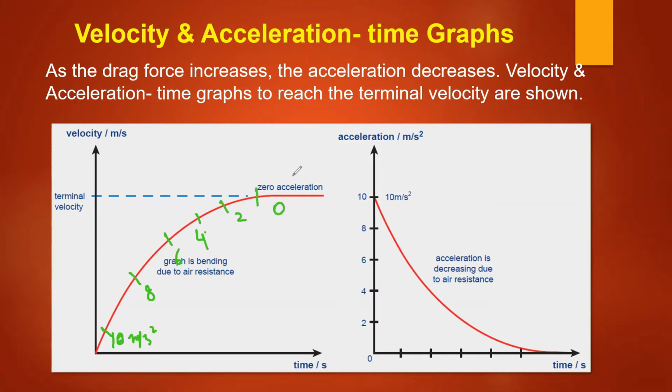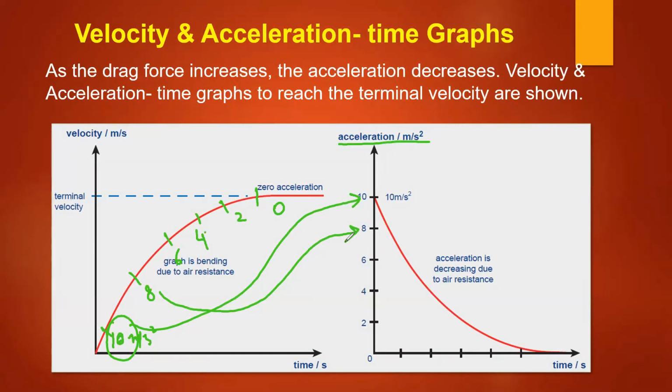Now we can see what will happen on the acceleration-time graph. The value of g in the beginning is 10. Then as air resistance starts acting on it, acceleration starts decreasing. So that's going to be 8 over here in this case.